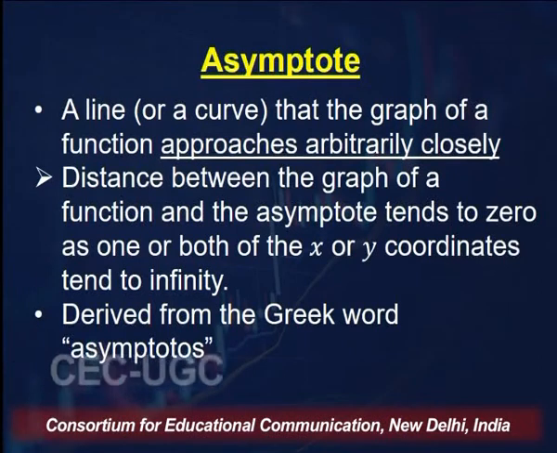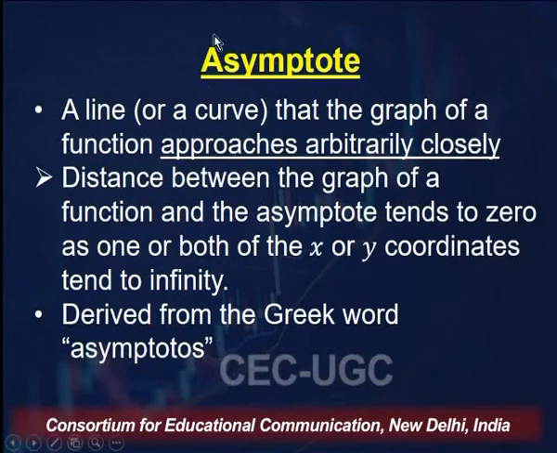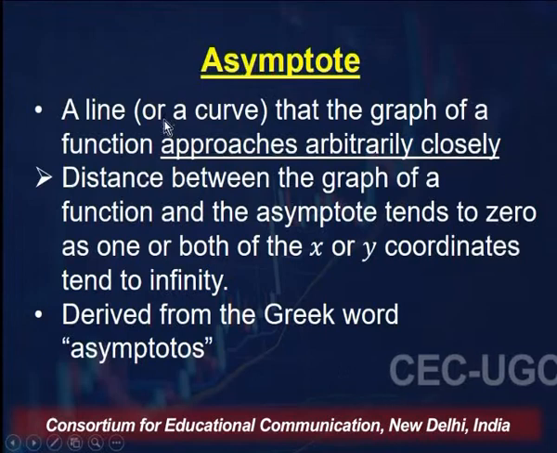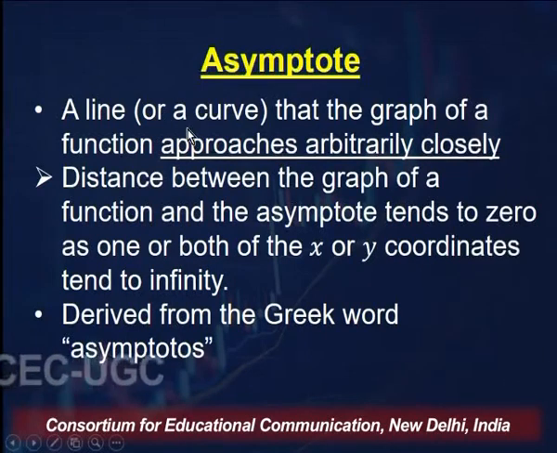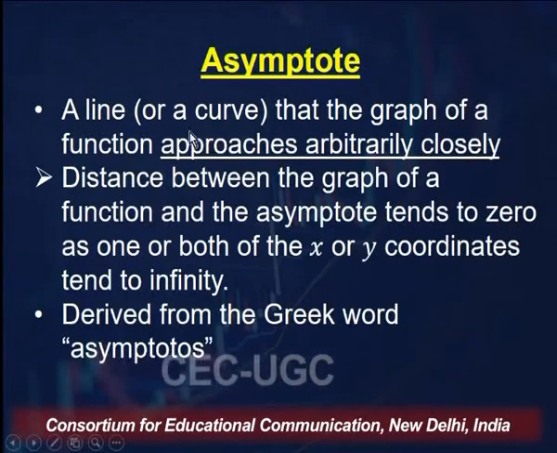Let me make these points, and then I'll explain them again with the help of visuals. The first, as I just said, was that an asymptote is a line or a curve that the graph of a function approaches arbitrarily closely. If you look here, I have put the phrase "or a curve" in brackets.